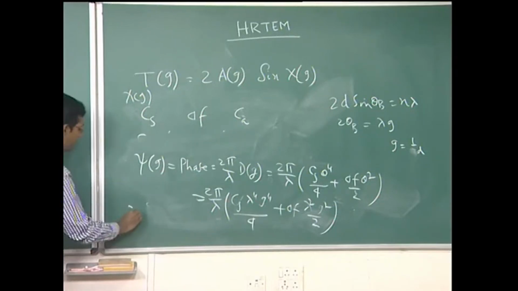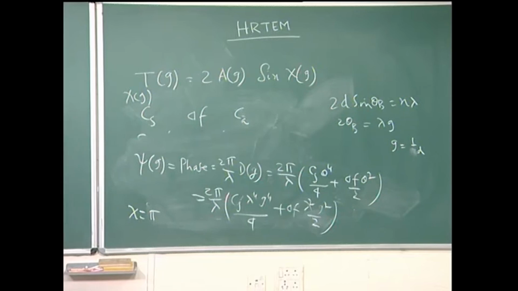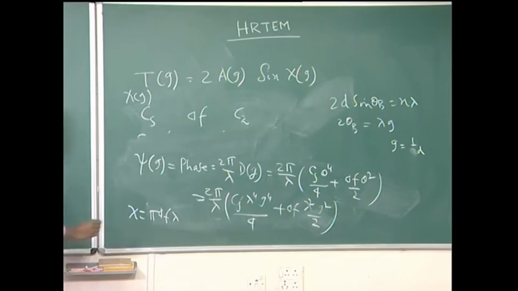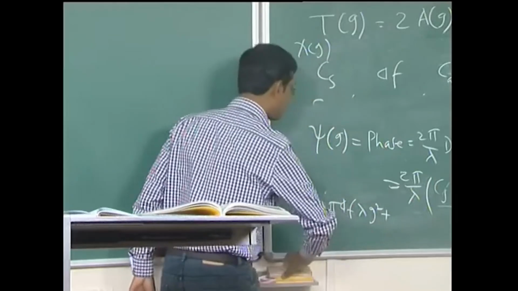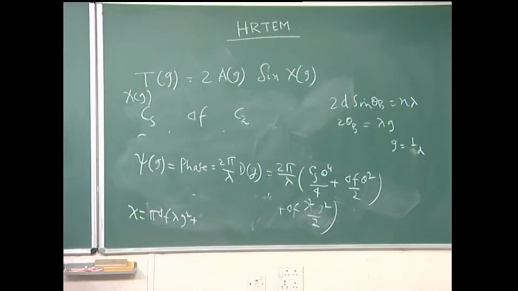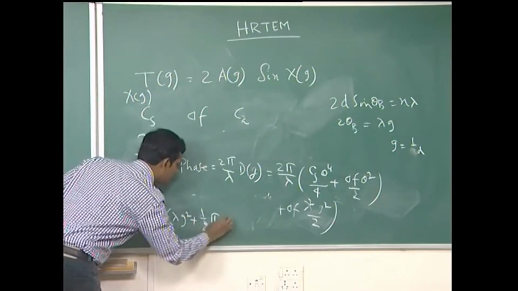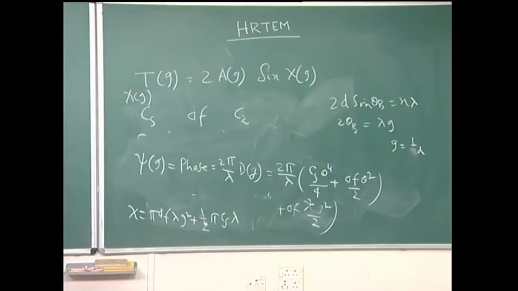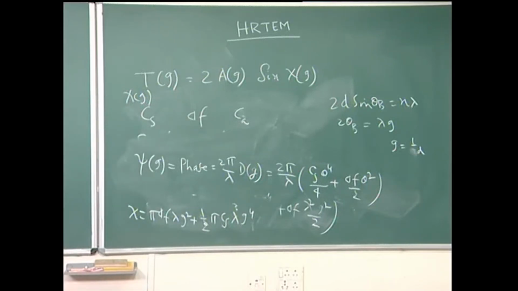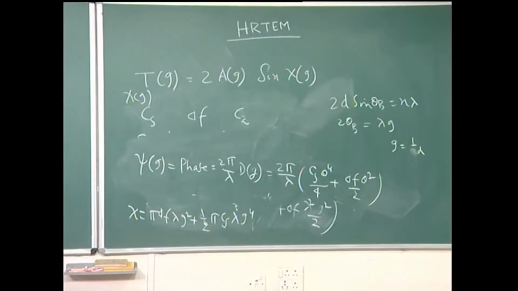Therefore, psi can be written as pi delta f lambda g square plus C s half pi C s lambda to the power 3 and g to the power 4. So, what you can see is a very complex nature of this function psi, and if I take a sine of this, that becomes a very complex function, and it is very difficult to even calculate these functions in a normal simple mathematical way.